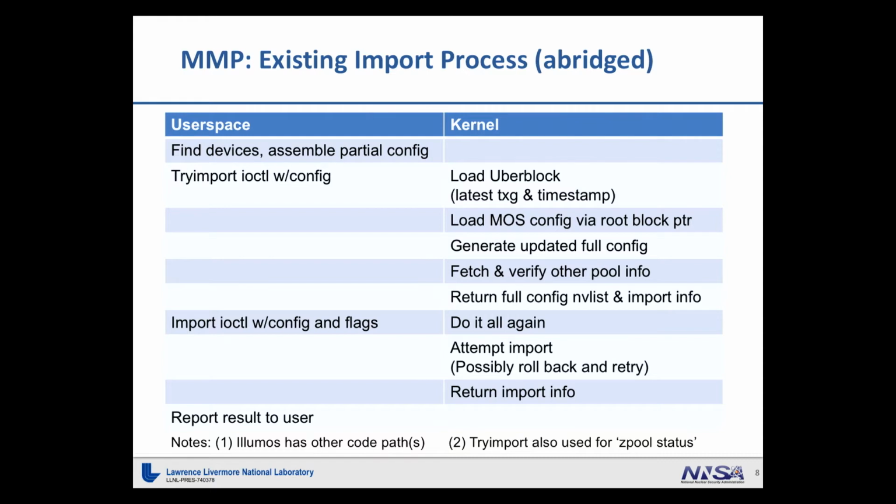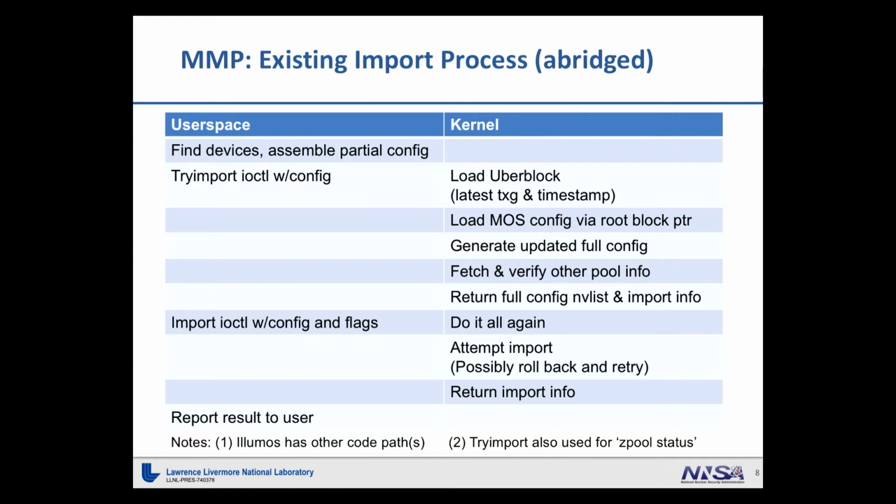So on Linux, a user space utility searches the disks looking for labels and assembles a partial configuration. It's partial because it doesn't have, I can't remember if it's log devices or cache devices, but one of them doesn't have a label with enough information to know what pool it goes to. And spares, I think, yeah.